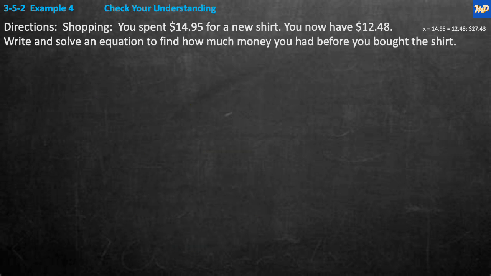Okay, example 4, check your understanding. You're going to go shopping. You spent $14.95 on a new shirt, and now you have $12.48 left. Write and solve an equation to find how much money you had before you bought the shirt. So we're going to write an equation, and again, the money we had before is what we're missing, so we're just going to call that x.